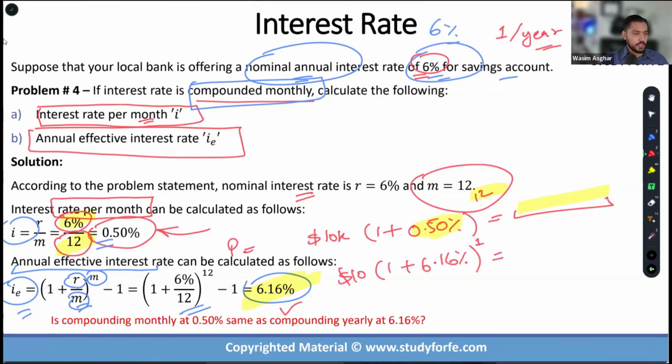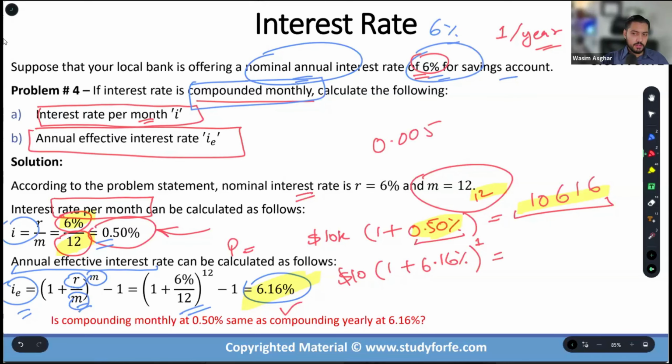15K, I don't think that's right. This is 0.50%, so you have to use it as a decimal, 0.005, I believe. Yeah, that sounds more right. 10,616. Okay.